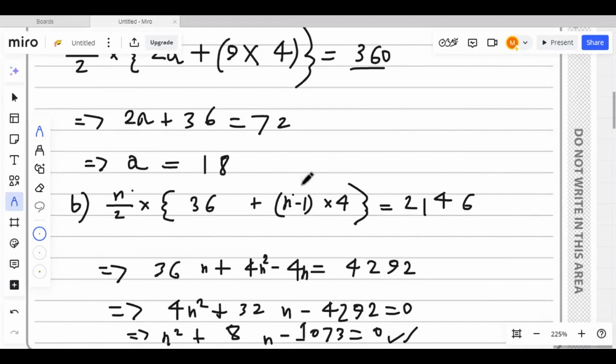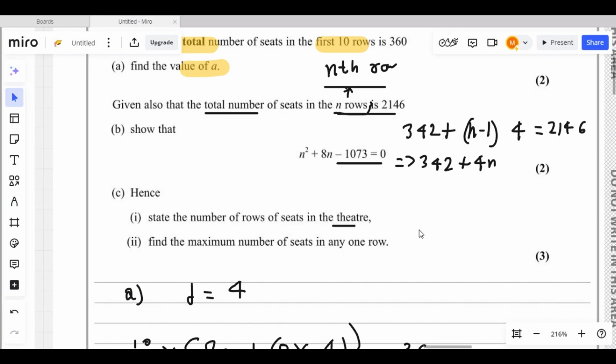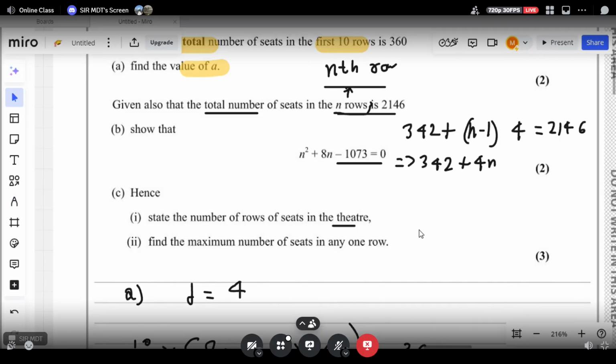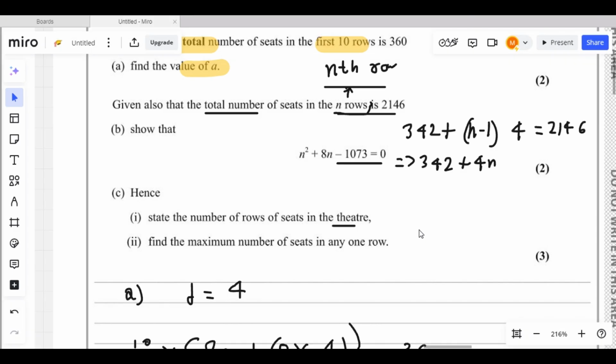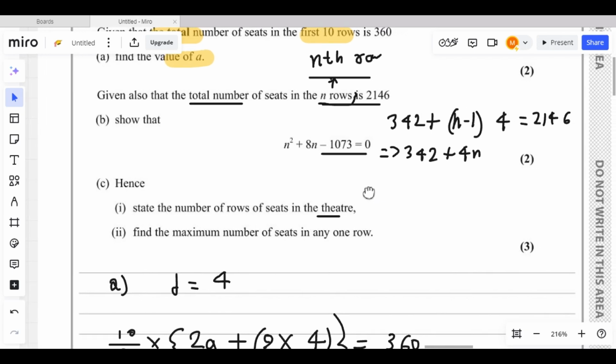Which part you couldn't see? Okay, is it fixed now? Okay.